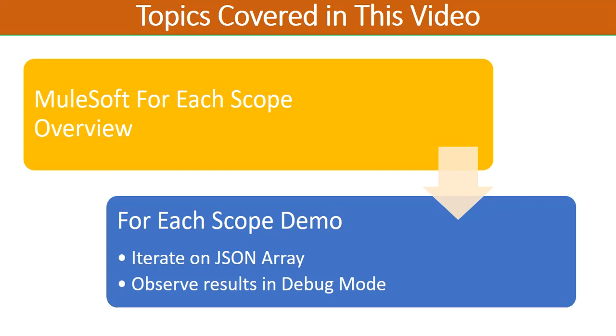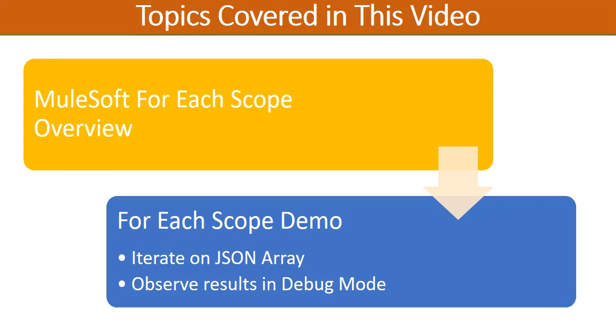So before I proceed with the implementation of this use case, let's have a theoretical explanation of the for each scope. The for each scope is one of the powerful scopes available in Anypoint platform or Anypoint Studio. When you are implementing your message flows in Anypoint Studio, often you have scenarios where you have to iterate on multiple objects or multiple elements inside a collection.